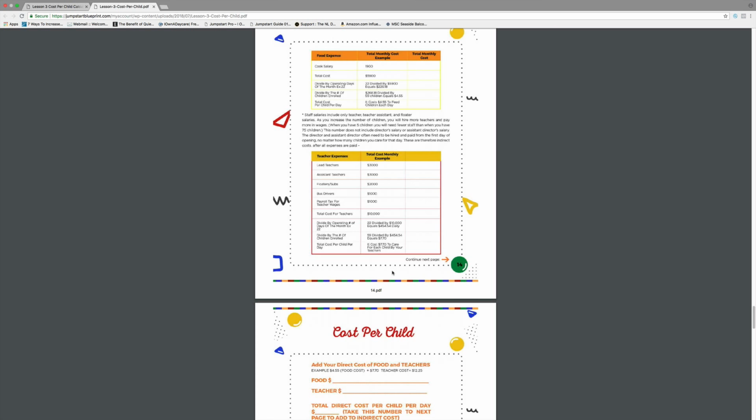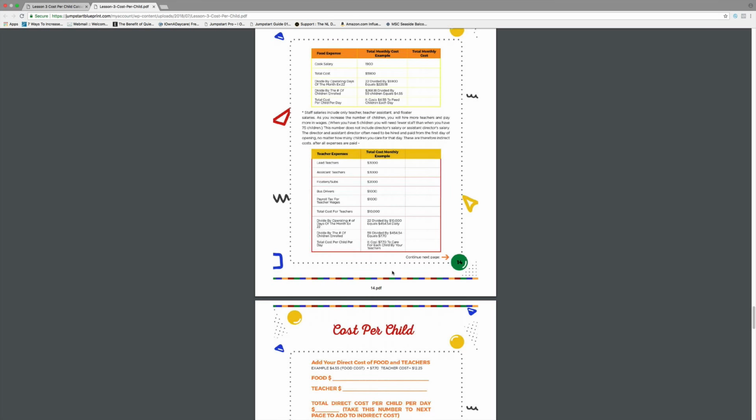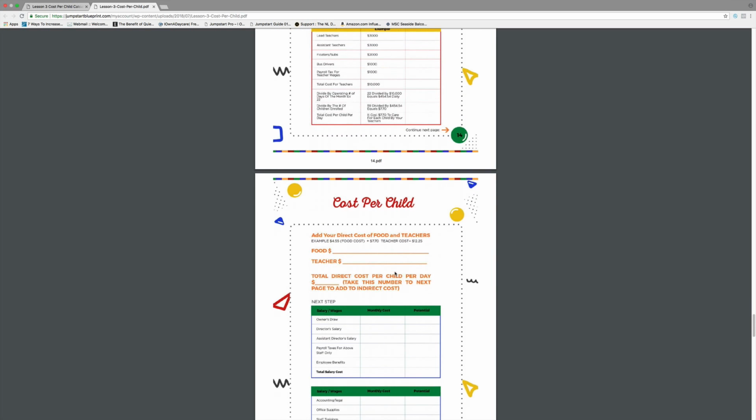Maybe you had your lease, your mortgage. All of those are indirect costs, which means you will incur that cost whether you're working with children or not. So this is why it's so important to separate those 2 costs, indirect cost and direct cost.